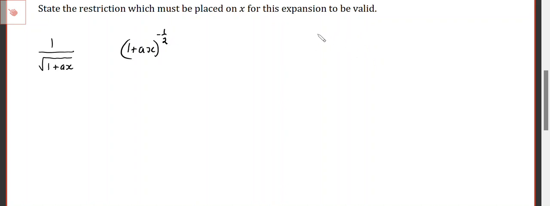To do that expansion, we know the formula is 1 plus alpha x plus alpha times (alpha minus 1) x squared over 2. Okay, and we don't need to go any further, do we? Right, so let's apply that.